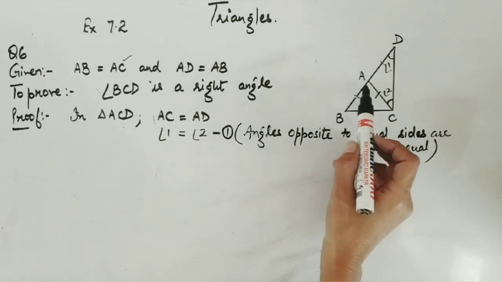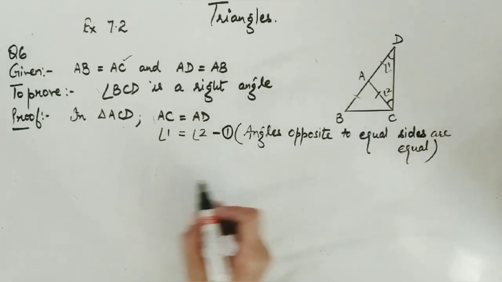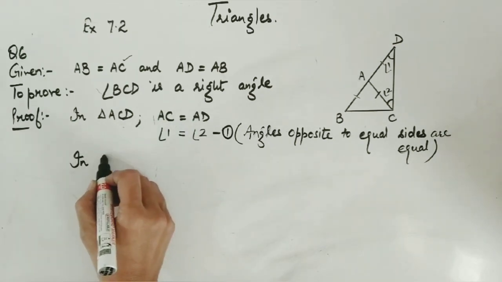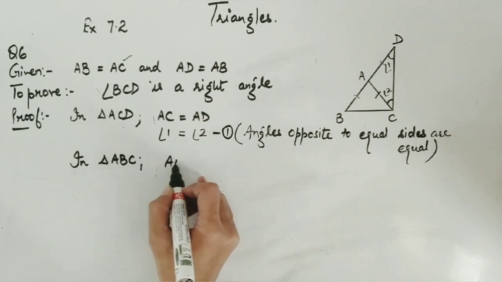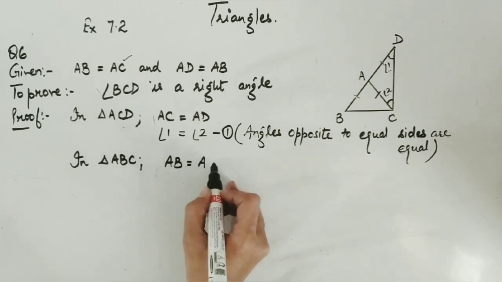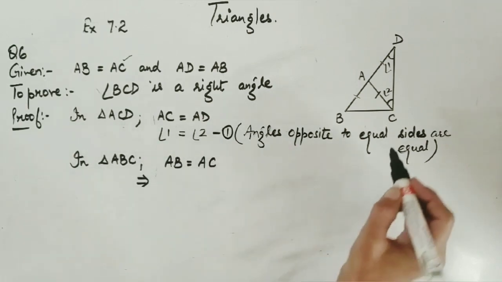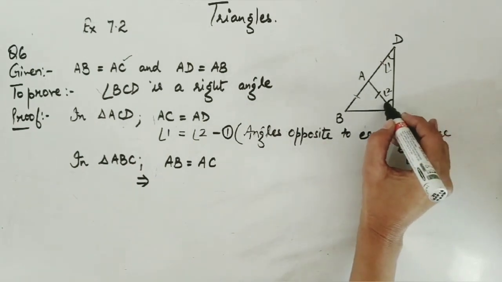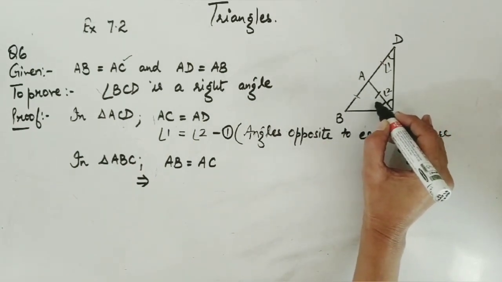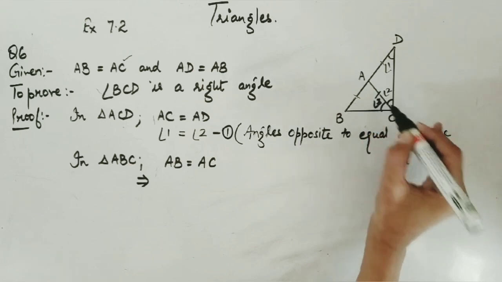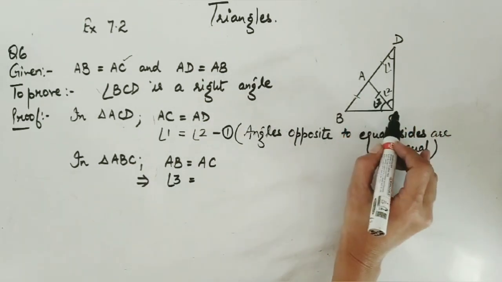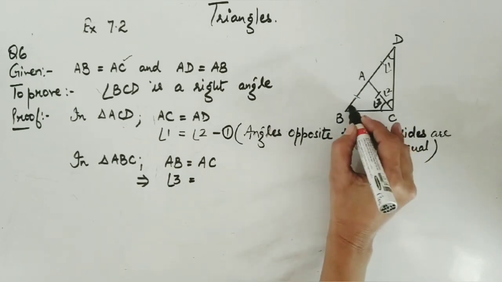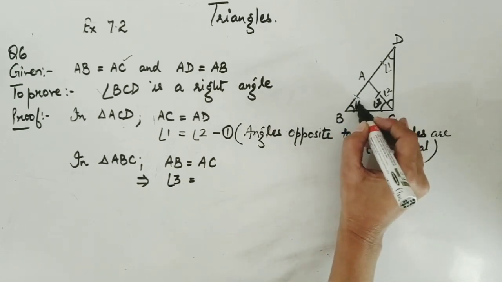Now can the same thing be applied for triangle ABC? In triangle ABC, since AB is equal to AC, let the angle opposite to AB be angle 3, equal to the angle opposite to AC, angle 4.